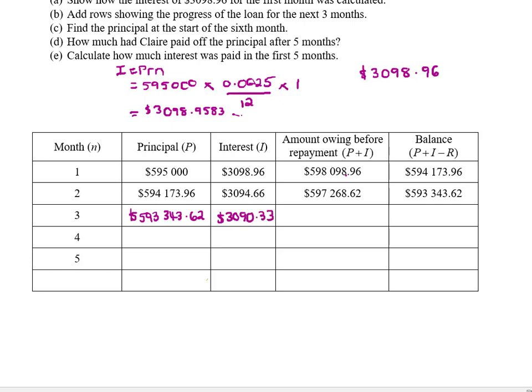And now the amount owing, I'm going to add those two together, and I'm going to get $596,433.95. From this amount, I'm now going to subtract my repayment, or Claire's going to subtract her repayment. And from that, I then get $592,508.95.